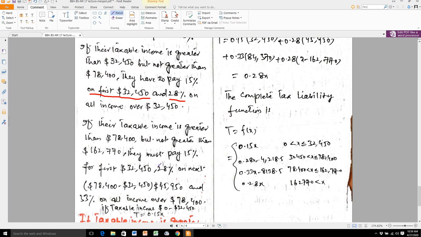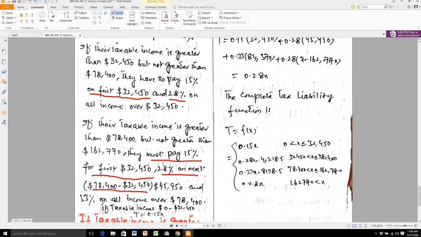First 15% is imposed on 32,450, and then 28% on the next part, the difference between 78,400 and 32,450. The difference between these two is 45,950. On this 45,950, 28% tax is imposed, and 33% on all the income over $78,400.